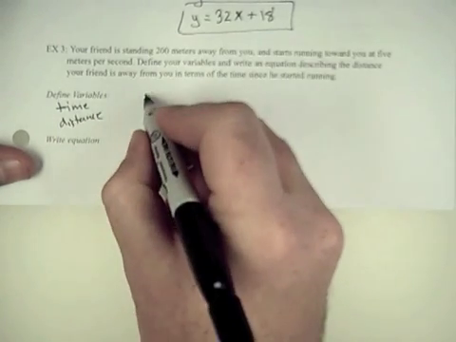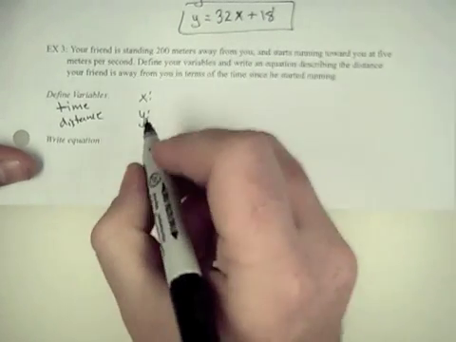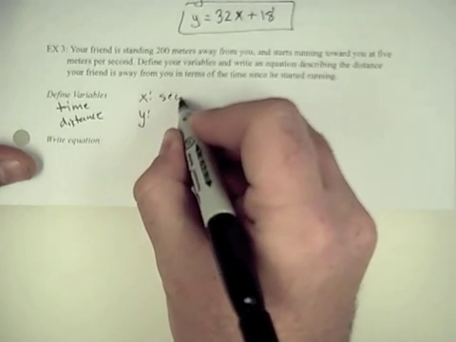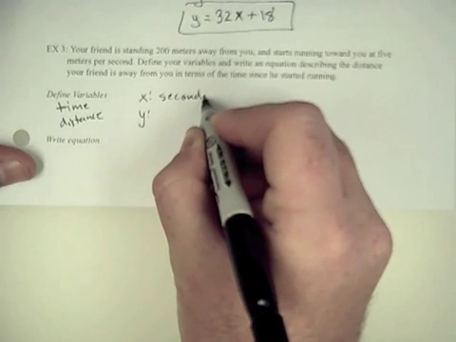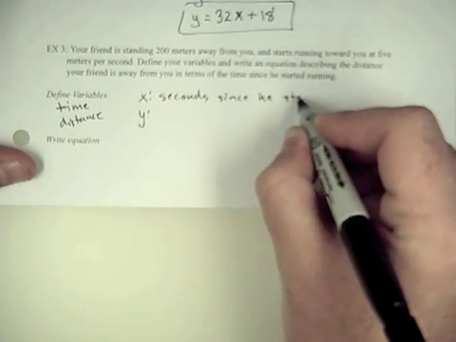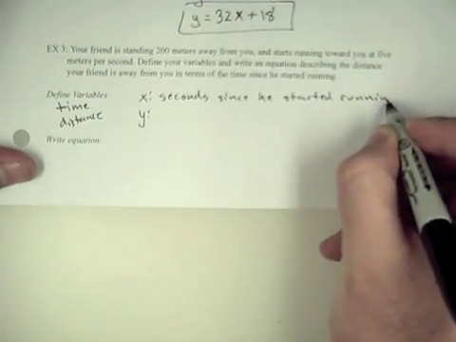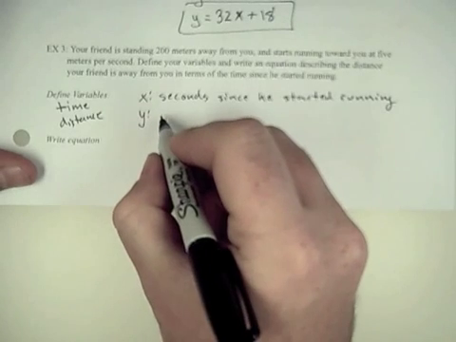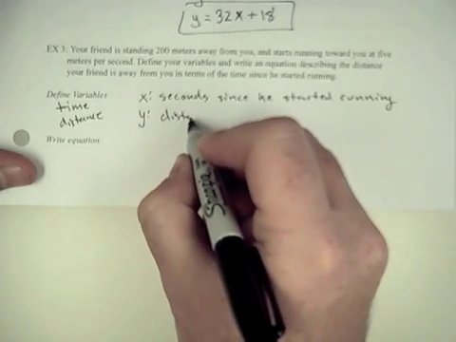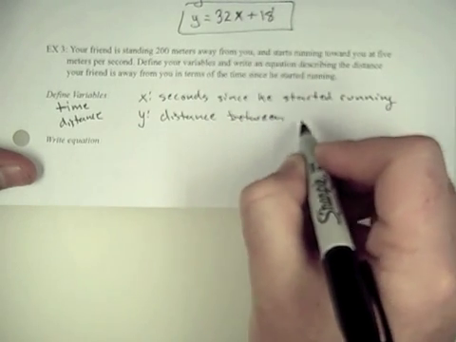So time and distance, x and y. Again, time is usually your x variable. So the seconds since he started running is our x, and our y is the distance between friends.